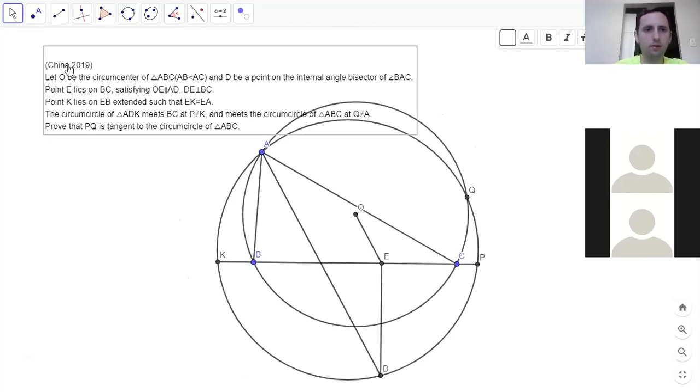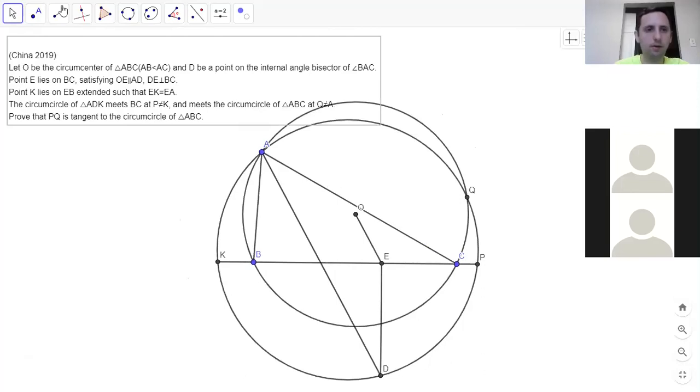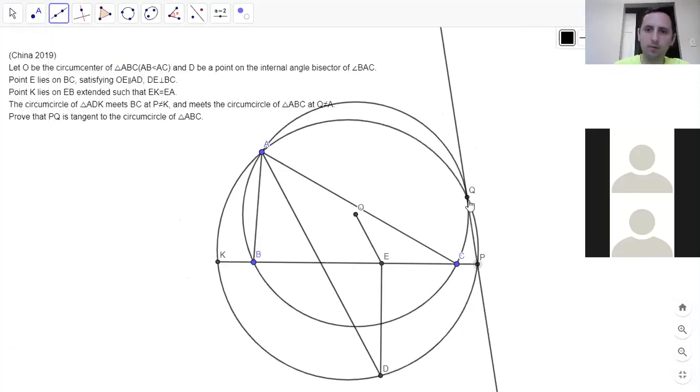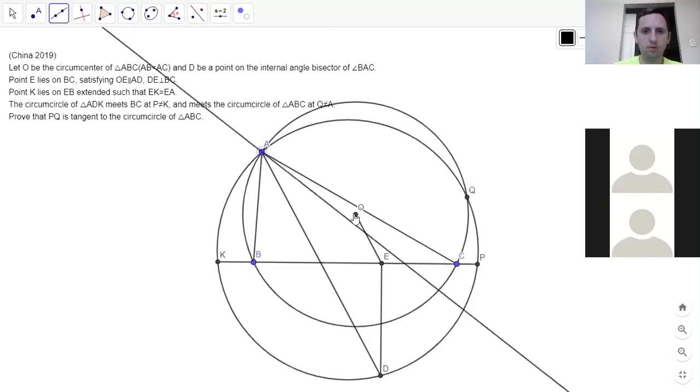All right. So that's an interesting observation. So AOED is an isosceles trapezoid.